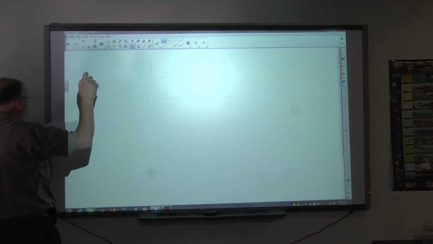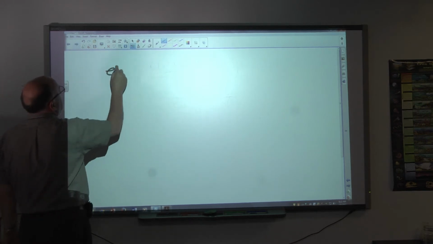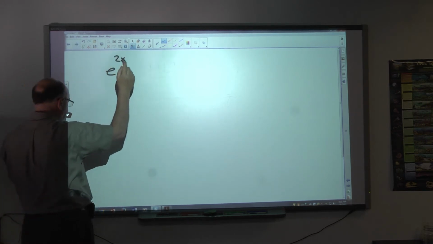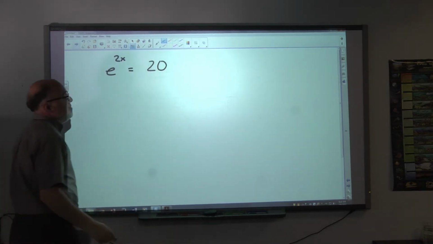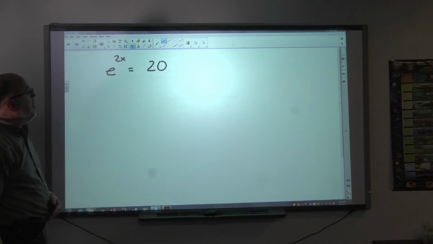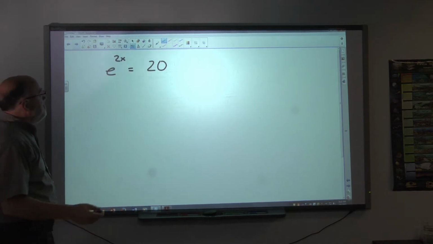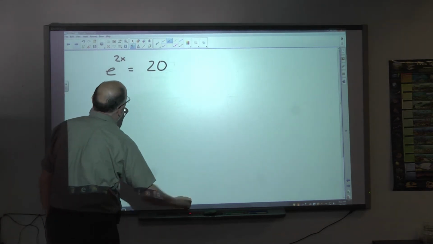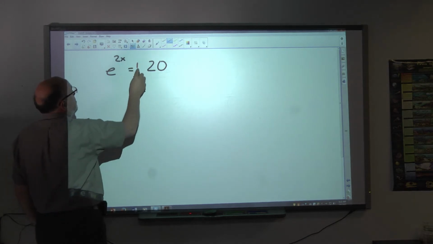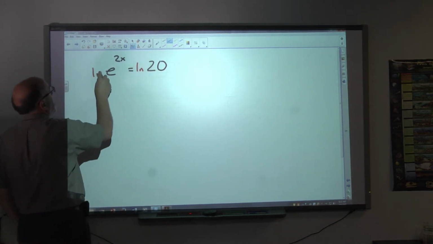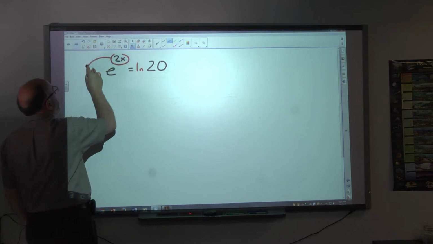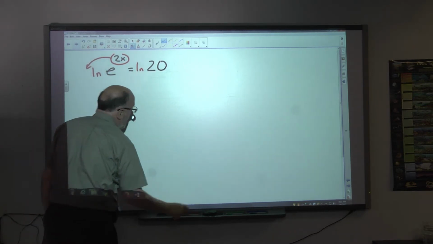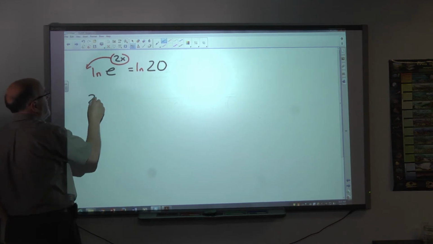Well, how about if I have one that is in terms of e to the 2x equals 20. Right? Well, if we have an e equation, we have to use natural log. The natural log and e are opposites of each other. So we take the natural log of both sides. And again, by the power rule, this will still come out front. And so we get 2x.